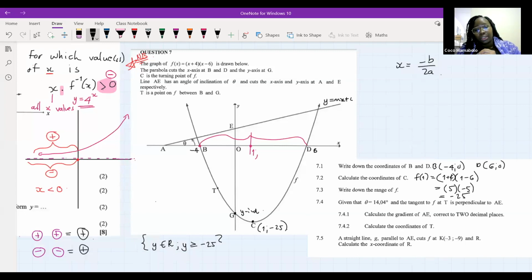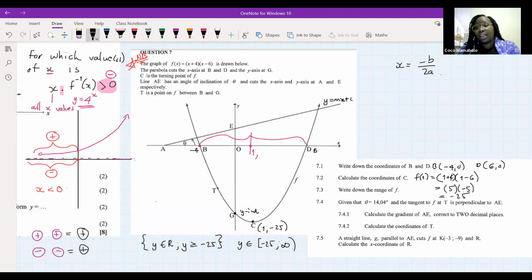The y value of my turning point is going to do that for me. Or I can write y is an element of, I know that it's going up, so my smallest number is going to be negative 25, and I'm including negative 25. So square brackets, negative 25, all the way to infinity. Infinity always has round brackets.